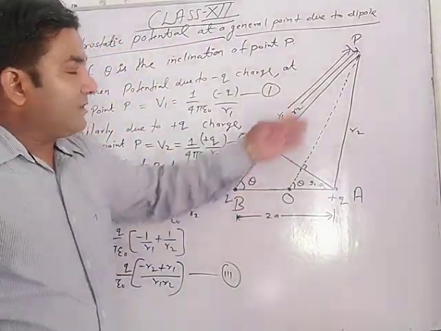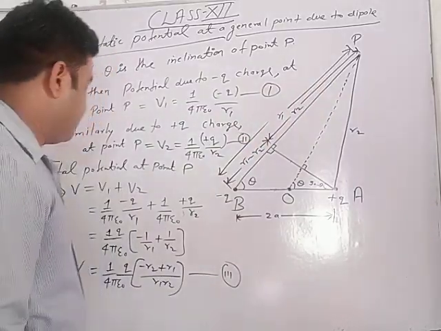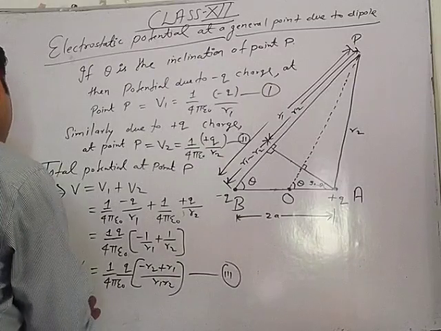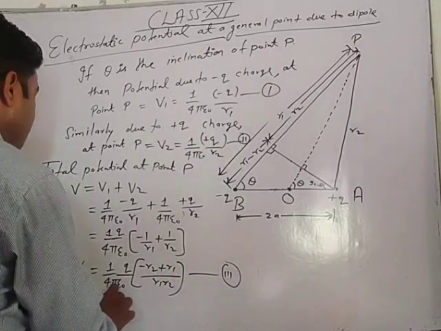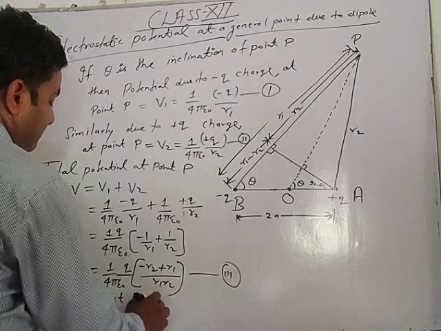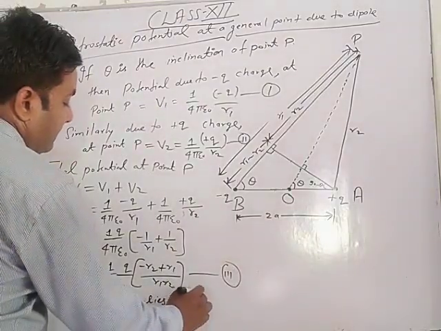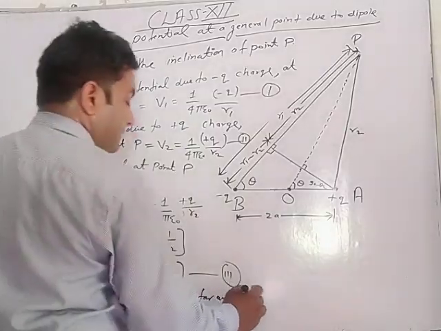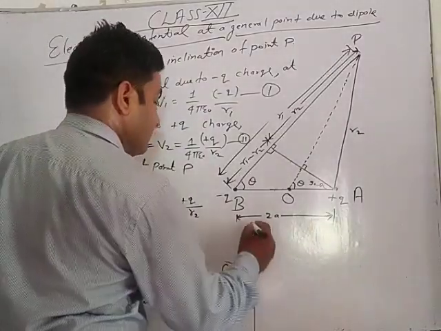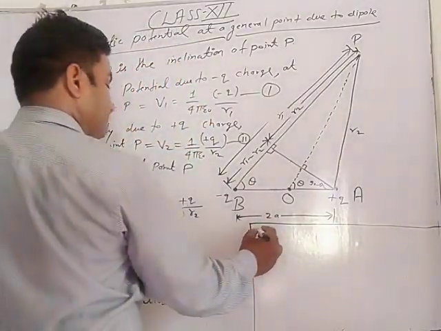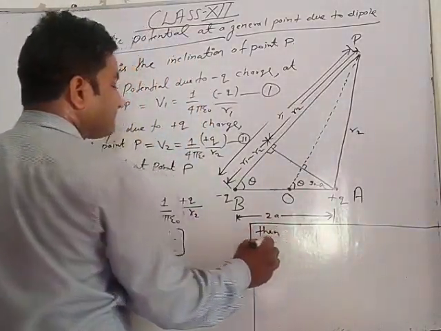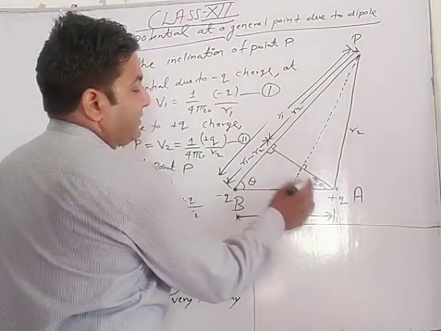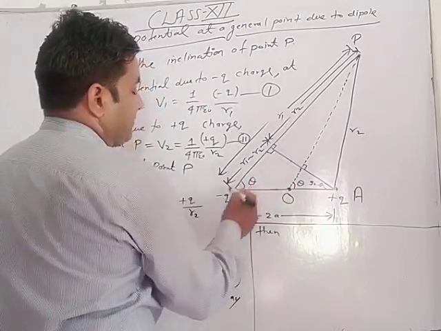So when the point P is very far away, this theta means this one is the perpendicular, this one is the hypotenuse, and the remaining one will be the base.